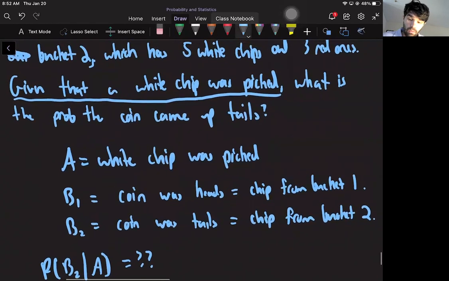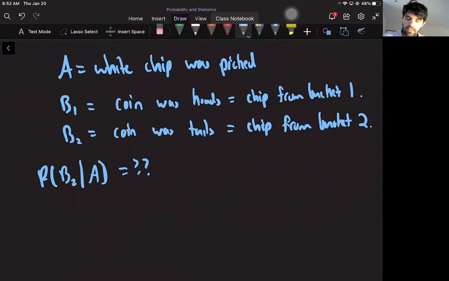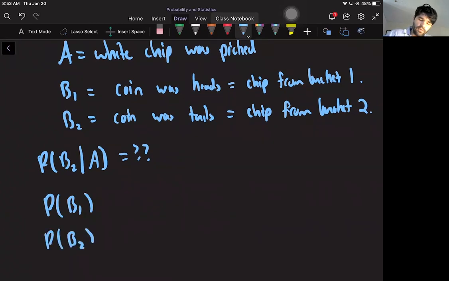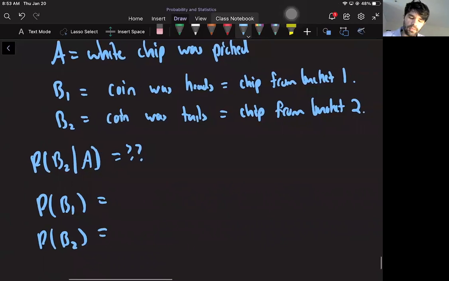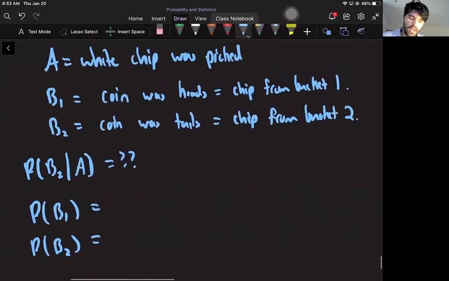Okay, so what are some things we can say that might help us? First, what's the probability of the coin being heads or the coin being tails? So we can get the probability of each event in the partition, which will help a lot. If heads is twice as likely as tails, that must mean it's 2/3 and 1/3 for the coin.